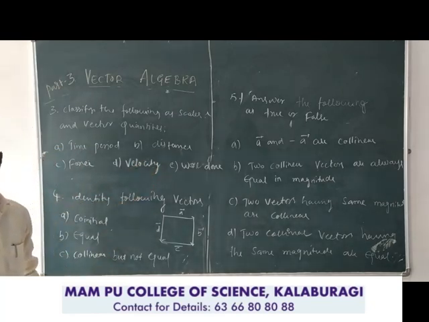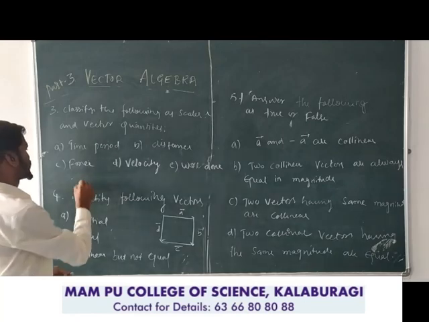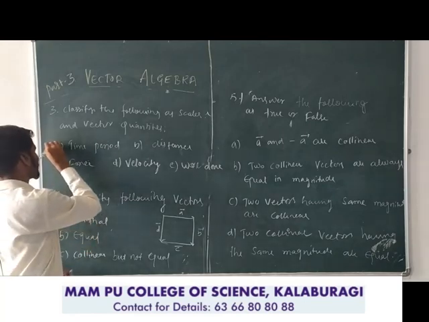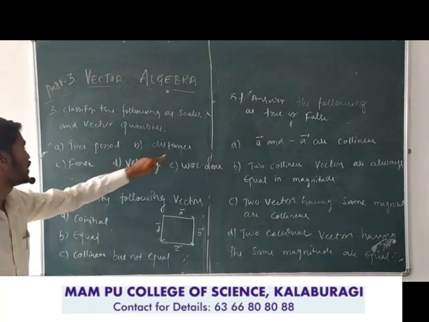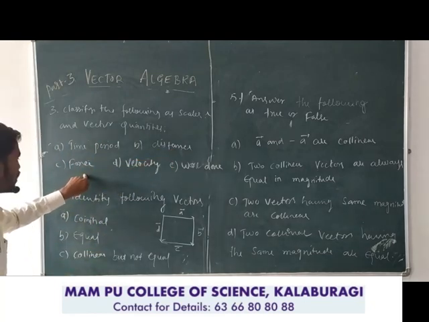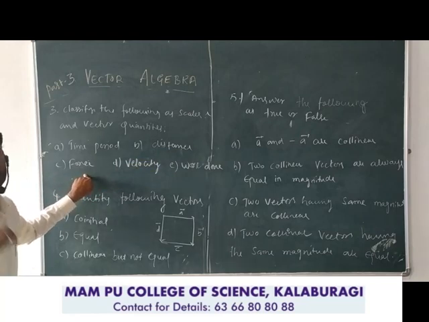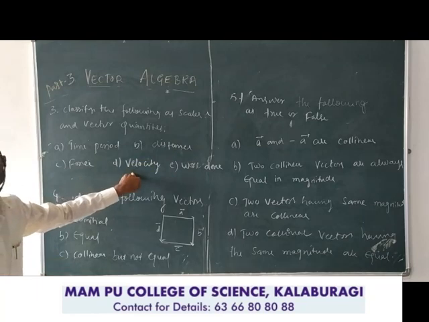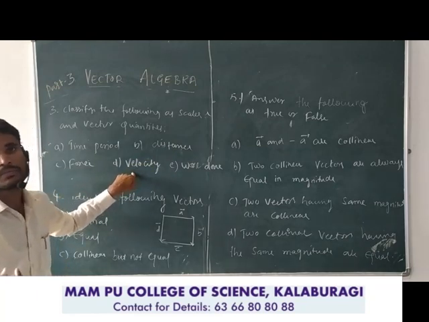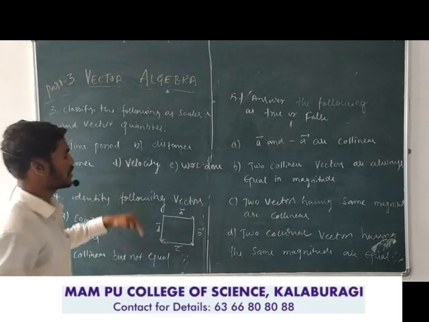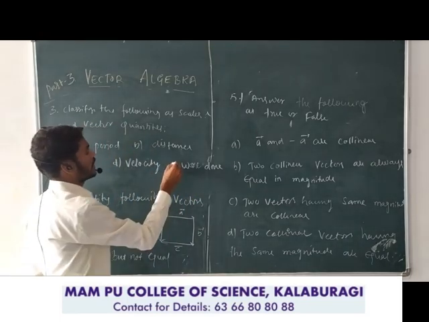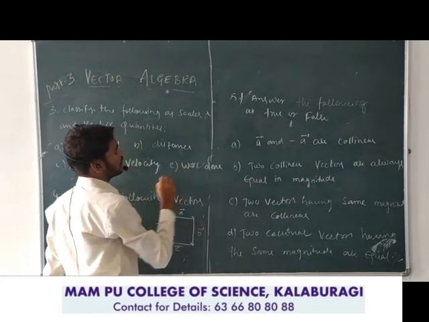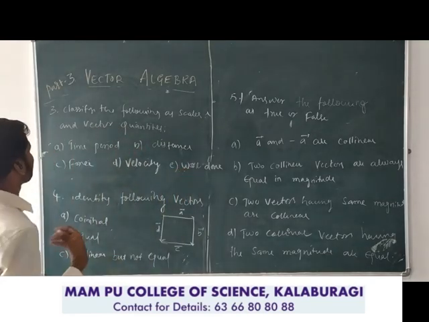Distance is also a scalar quantity. Force is a vector quantity, because it has both magnitude and direction. Velocity is also a vector, with both magnitude as well as direction. Work done has only magnitude. That's why we say work done is an example of a scalar quantity.